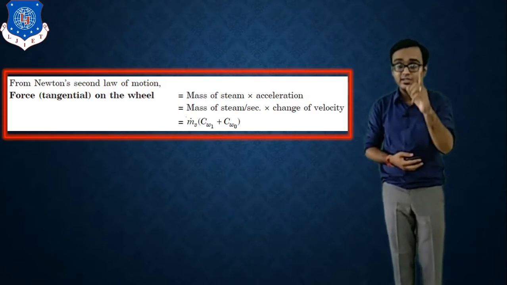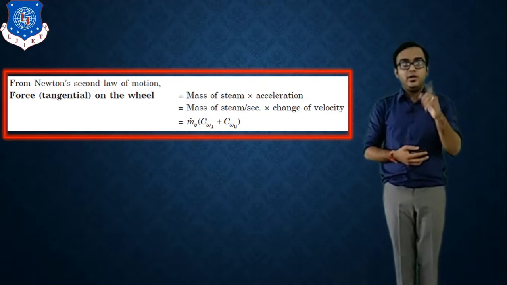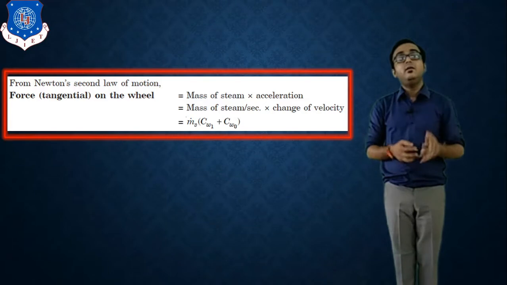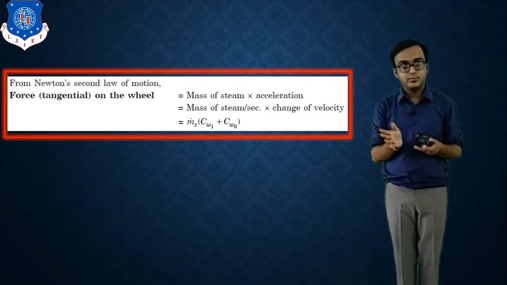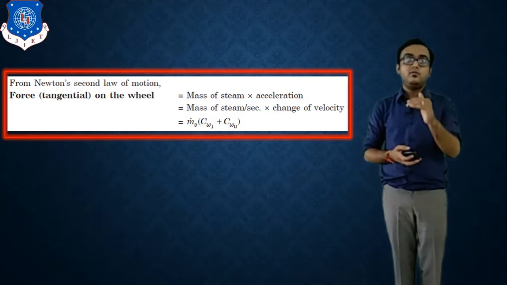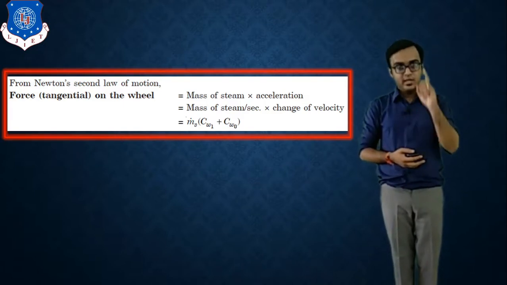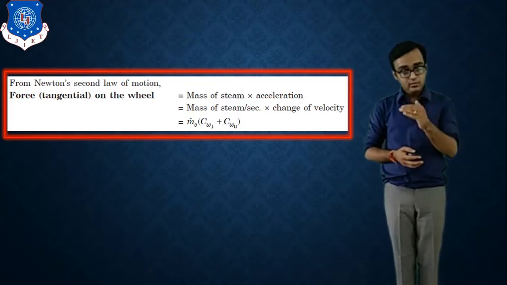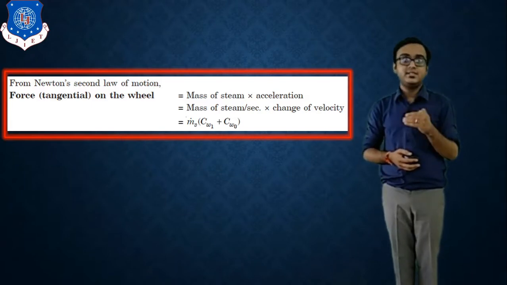But notice one thing carefully: the inlet whirl component of velocity is toward the right hand side, while the outlet whirl component is toward the left hand side.